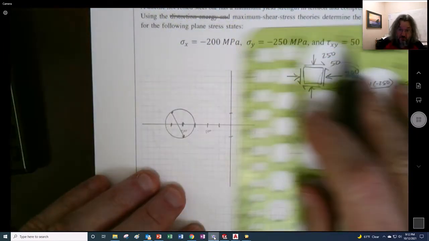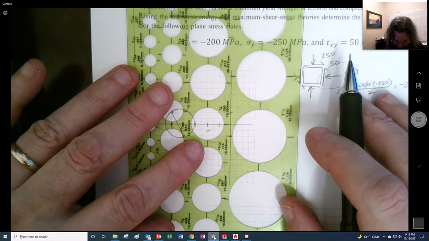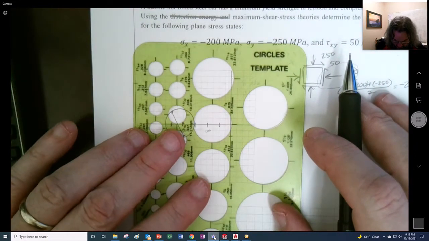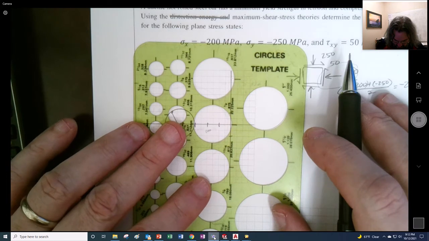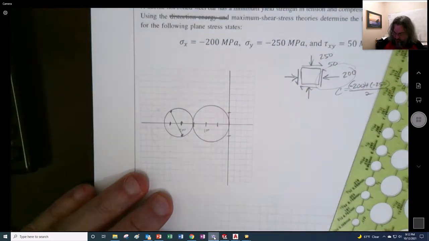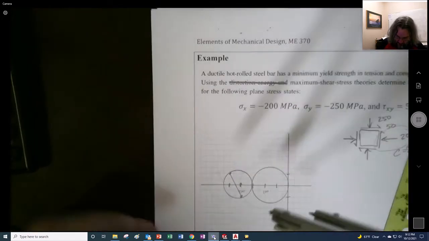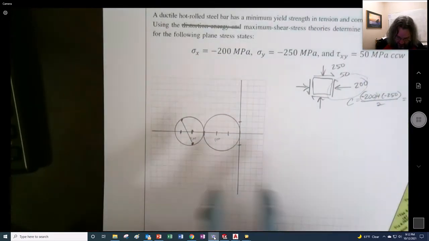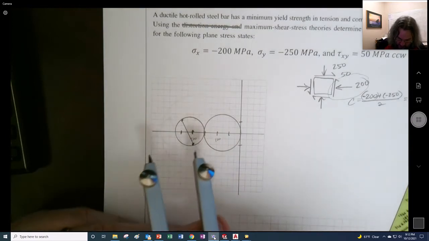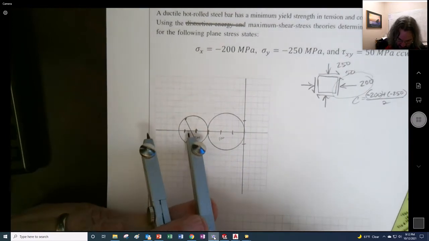All right, and then we could probably find another one here that could be close to that. It's pretty close. Maybe pencil width could be good enough. Yeah, that's pretty good. And then this one, the center of this should be 225. No, that's the center of that one right there.